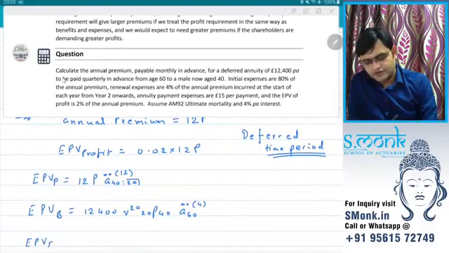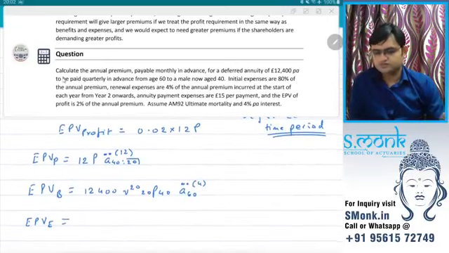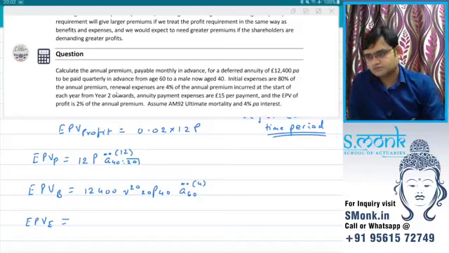Expected present value of expenses. We have initial expense of 80% of the annual premium, 0.8 into 12p.